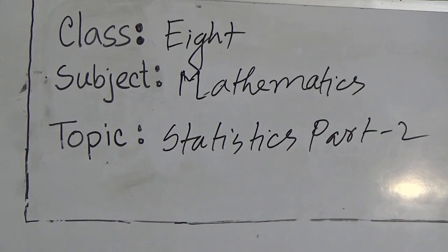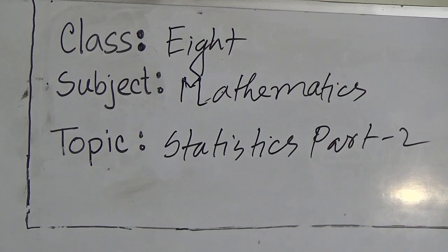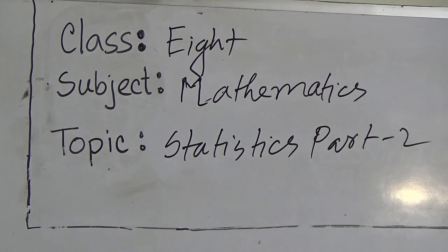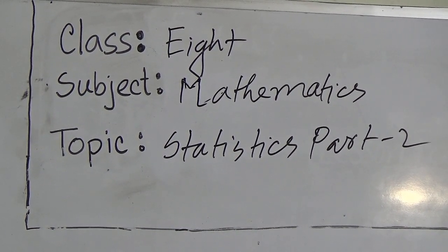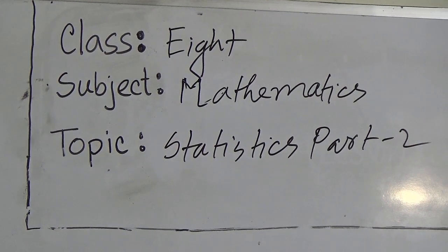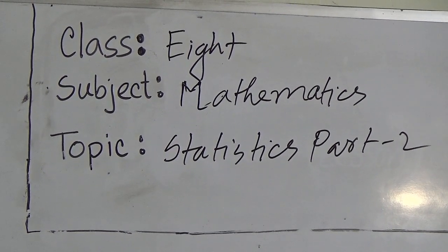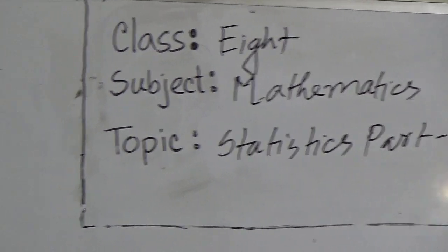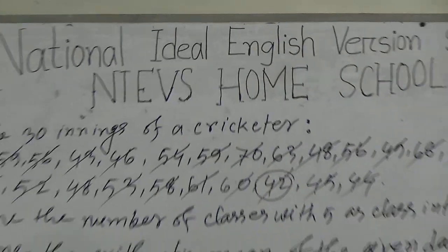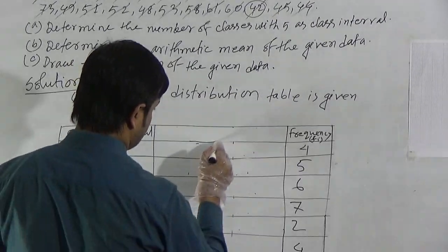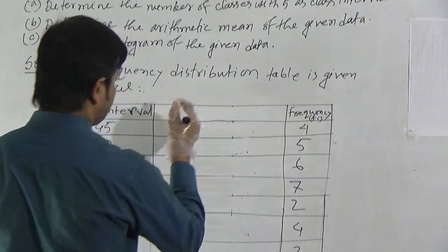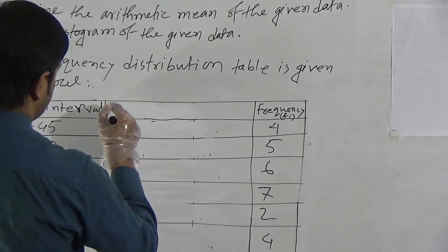You must prepare a separate distribution table for C. You must prepare. Here should be continuous class interval.